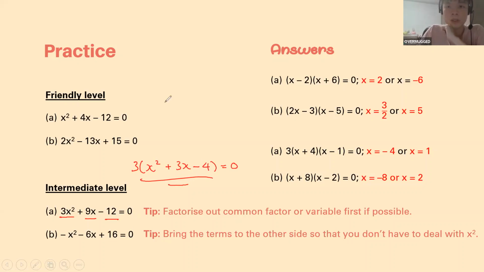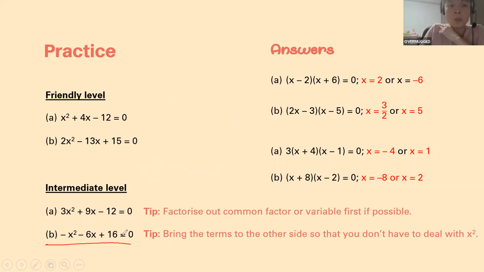So that's the extra step for part A. For your part B, if you don't like the negative sign, just shift all the terms to the other side of the equation, and then you will get this. These are things that you can consider so that things look nicer or more familiar to you.